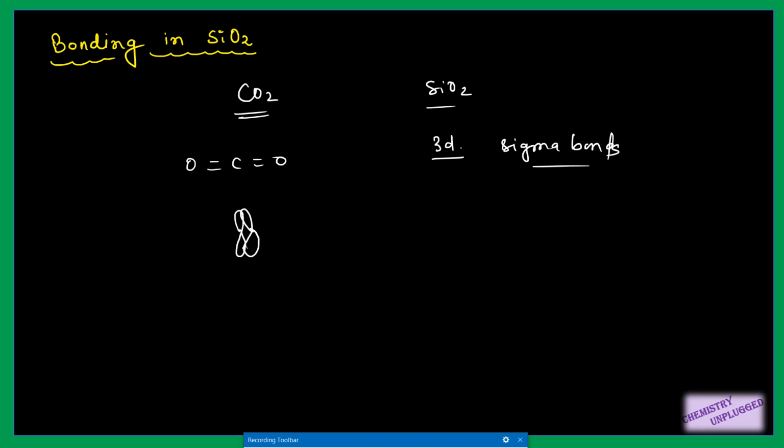This is feasible for carbon, but for silicon, which is heavier in size, it is not feasible for these orbitals to overlap with each other. Because of poor sideways overlapping due to their bigger size, they show only formation of sigma bonds, which is due to head-to-head overlapping.